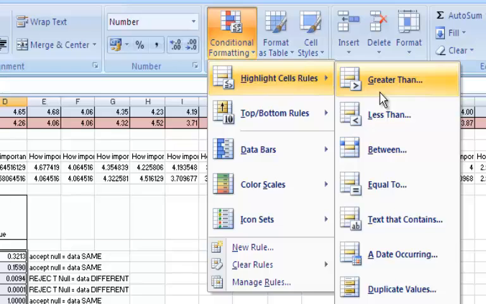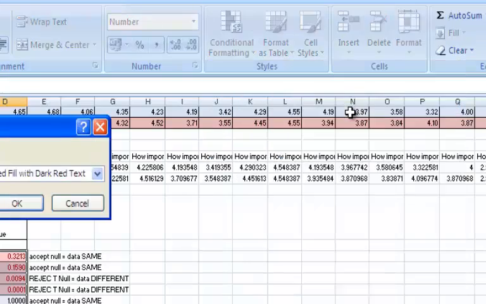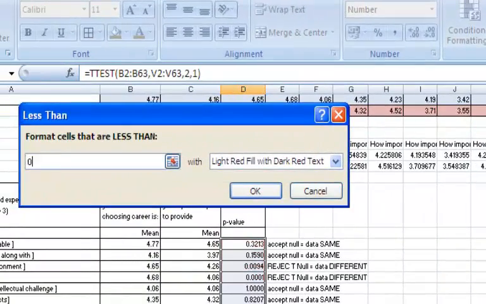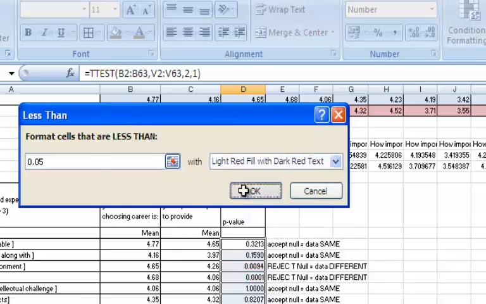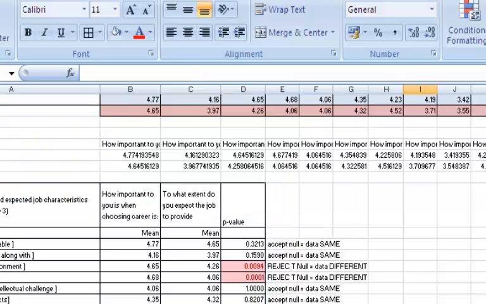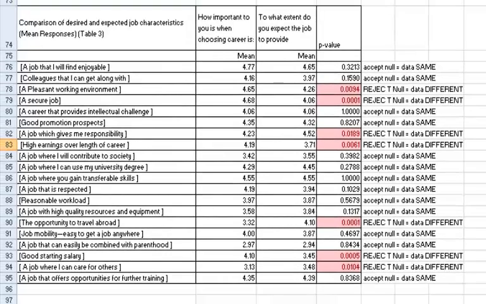So I'm looking for all those that are less than 0.05, and I want them highlighted, and I'm quite happy with that light red fill, but I could change it if I wanted. Okay, so all of those highlighted show statistical significance.